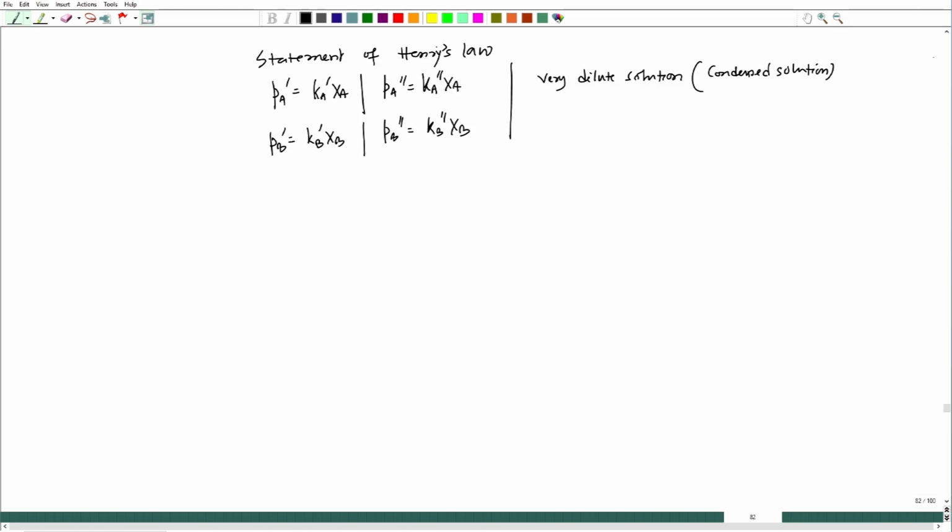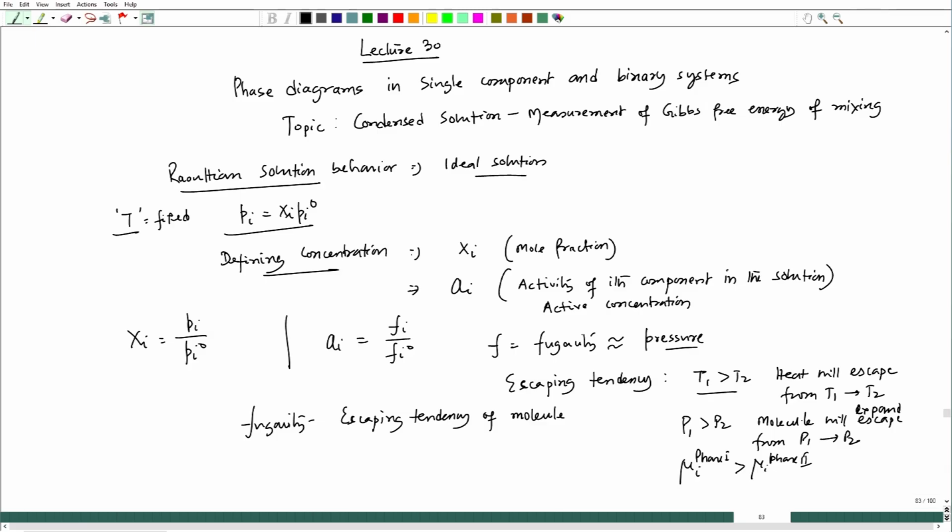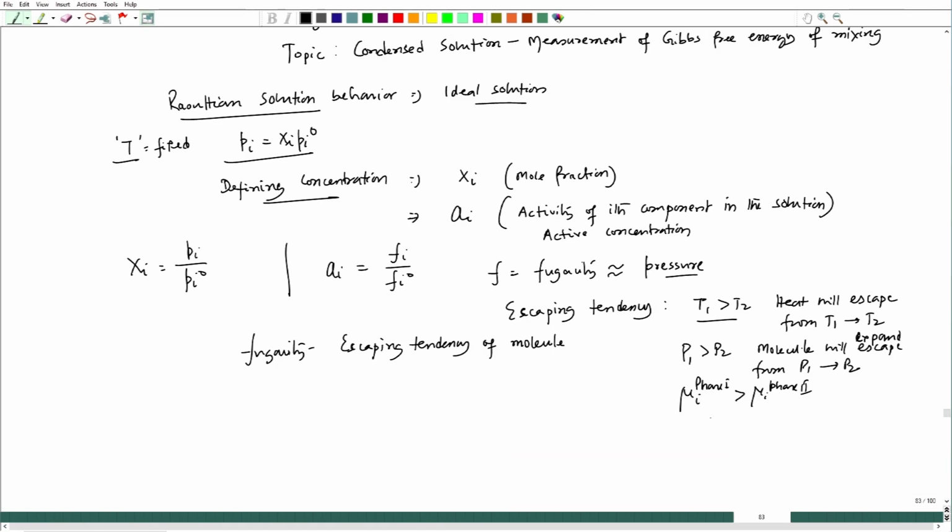That also reflects the escaping tendency of molecules or atoms from high mu i to low mu i. And of course, P and T are constant.